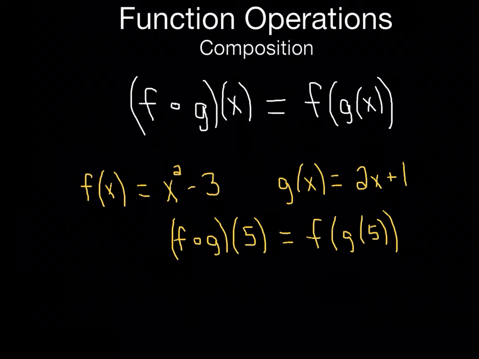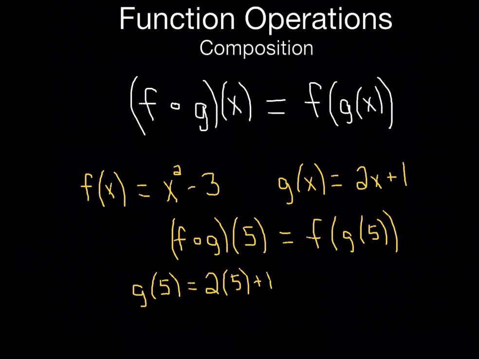Do the g of 5 first. What that means is you plug in 5 into your g of x function. So g of 5 is equal to 2 times 5 plus 1. That gives you 10 plus 1, which is 11. That's what g of 5 equals.